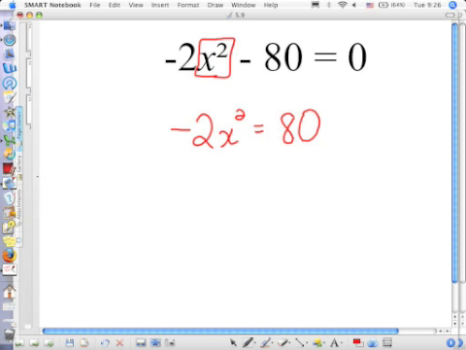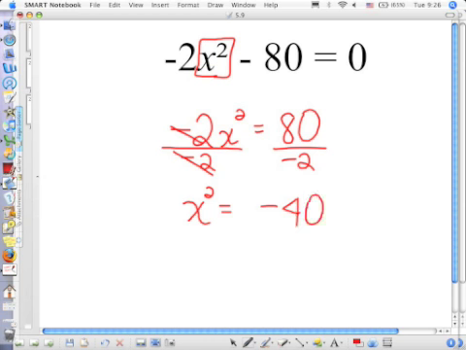It's not x minus 2. It's negative 2 times x. You want to do the opposite of multiplication, which is division. So I have that x squared is equal to negative 40.